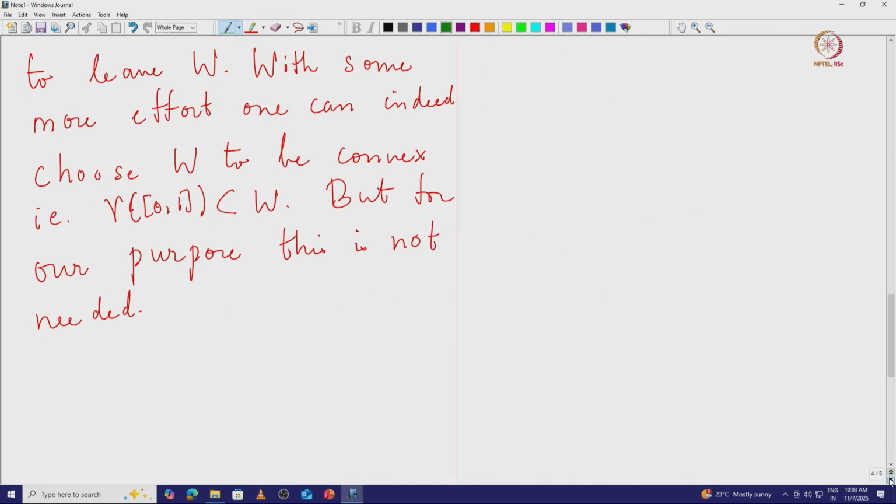All right. So before I give you the proof, let me give you a quick corollary. So let gamma be a geodesic.